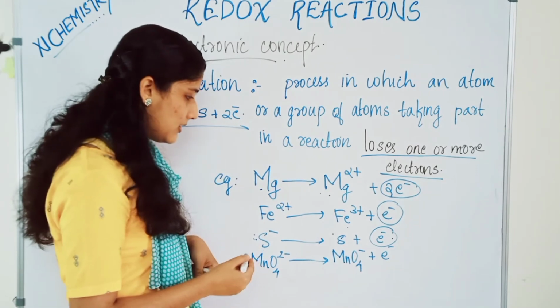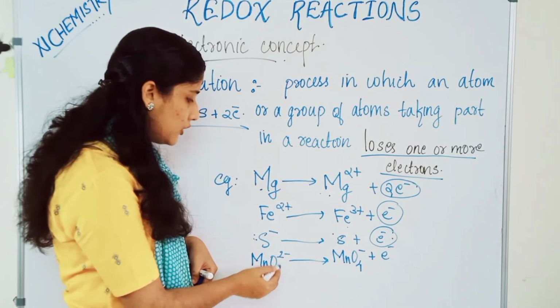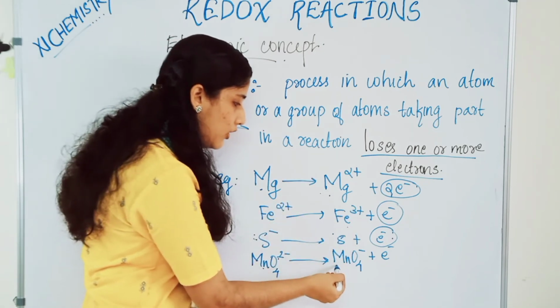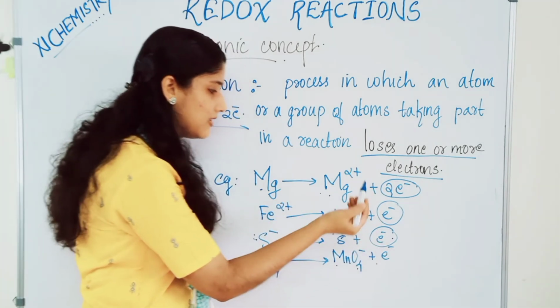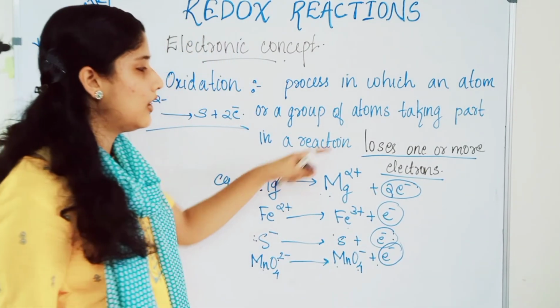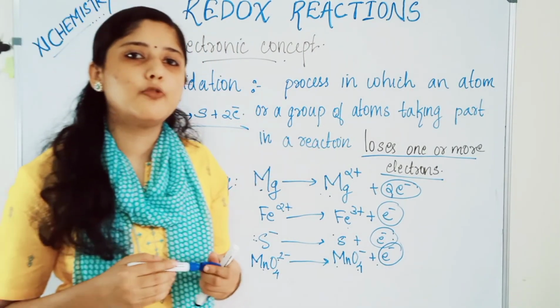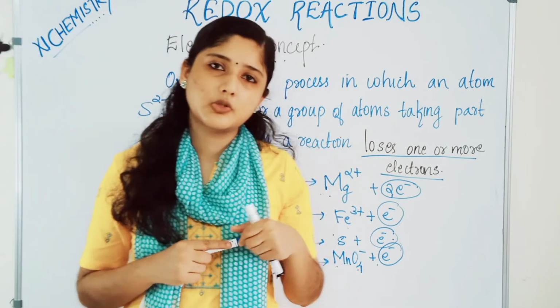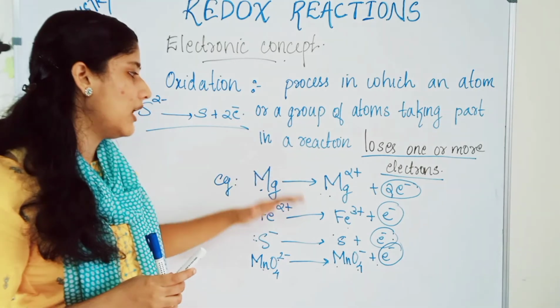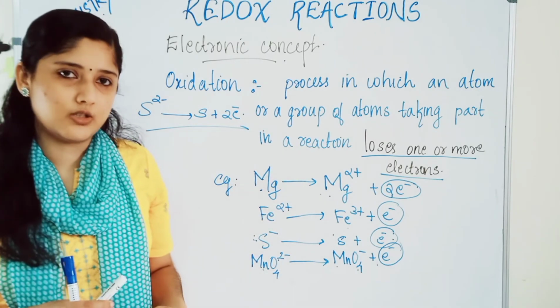Look at the next: MnO4 2- loses 1 electron to become MnO4- plus e-. So here also 1 electron is removed. When an atom or a group of atoms loses 1 or more electrons, we can term it an oxidation process. I hope you understood the examples of oxidation.